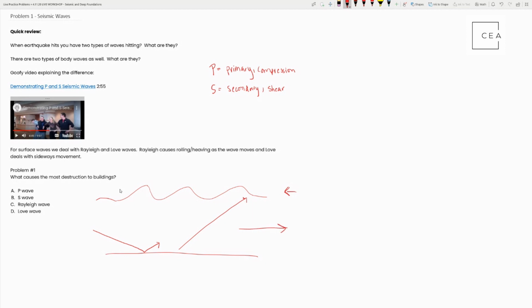So these guys are the Rayleigh and the Love, and these guys are the P and the S. Okay? So this is a good theory-type question, but it also tests basic comprehension of seismic waves and seismic material. Are there any questions surrounding this from anybody?